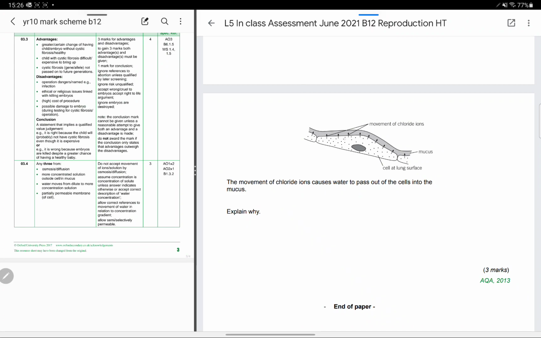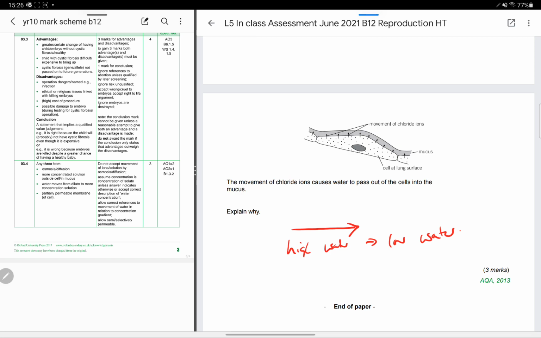If chloride ions move out, okay, then water will move by osmosis from an area of high water concentration to low water concentration, through a semi-permeable membrane, and that will make the mucus thicker, okay. So that, once again, is a very hard question, and one which I wouldn't necessarily expect you to get, and it wasn't even in this topic, so it was a real left field question which the exam would use to differentiate students who are really thinking outside the box.